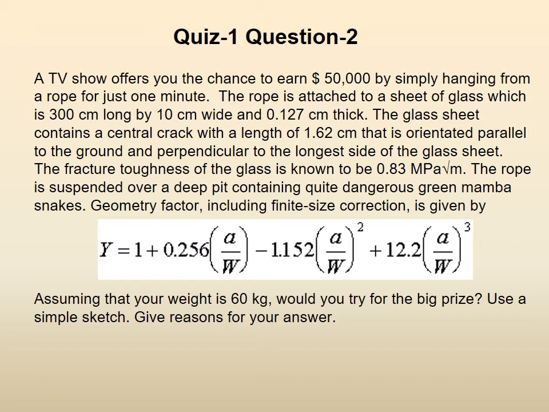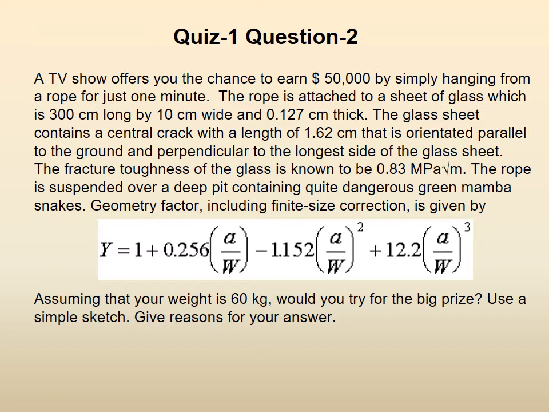The glass sheet contains a central crack with a length of 1.62 centimeter that is oriented parallel to the ground and perpendicular to the lowest side of the glass sheet. The fracture toughness of the glass is known to be 0.83 megapascal root meter. The rope is suspended over a deep hole containing quite dangerous green mamba snakes.